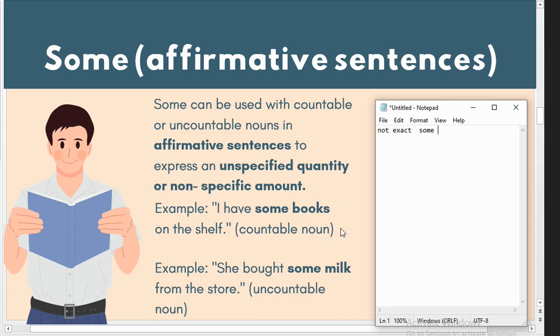This is a countable noun because books we can count. On the other hand, example, she bought some milk from the store. Milk is an uncountable noun. We can use some with countable and uncountable nouns if we do not have the exact amount. We don't know how much milk we have. So we can use some with both uncountable and countable nouns.